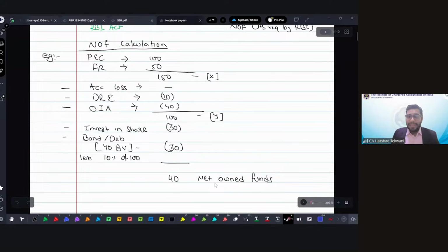But is there anything beyond the Act? Is there any regulation beyond the Act? And the answer is yes. Beyond the Act, we have the scale-based regulations. Now, what are these scale-based regulations? Even the scale-based regulations have provided a definition of owned funds and net owned funds.